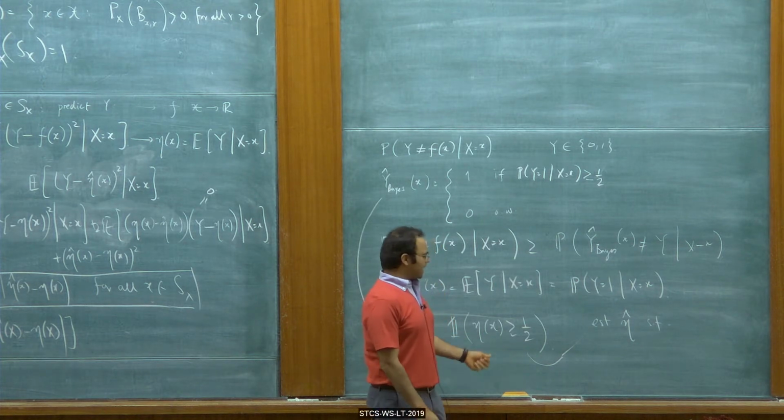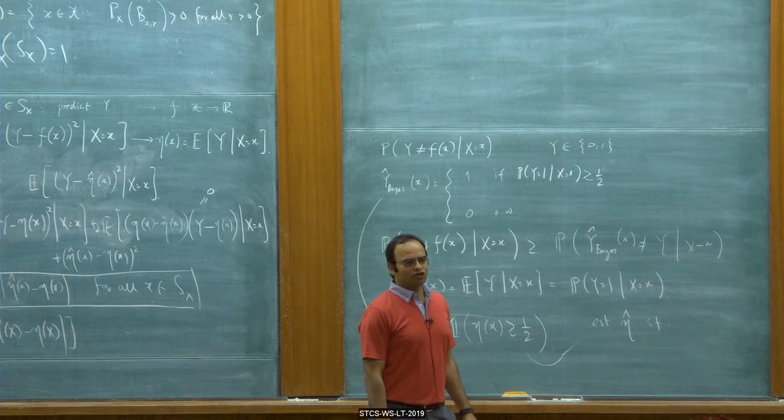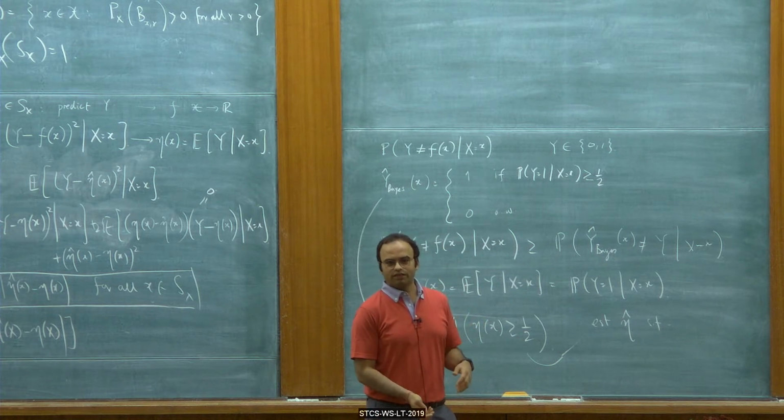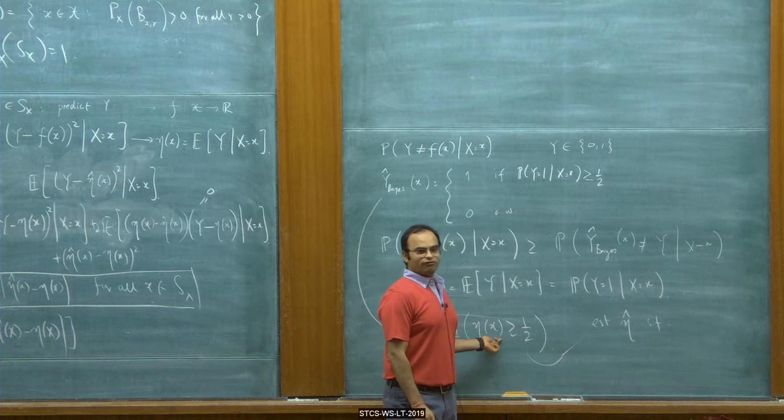Okay, so even if, let's say, eta of x is 0.75 and I estimated my eta hat to be 0.51, that's fine. So large error, but that's fine. On the other hand, if my eta of x is 0.50111 and I estimated 0.49999, that's bad actually.